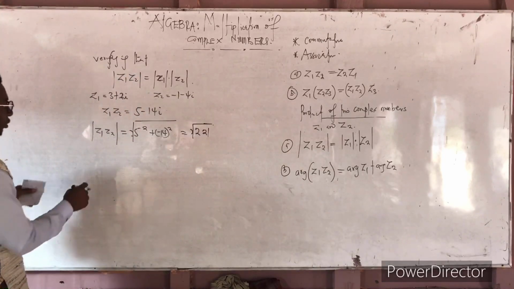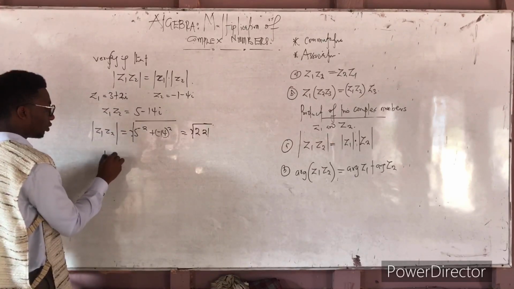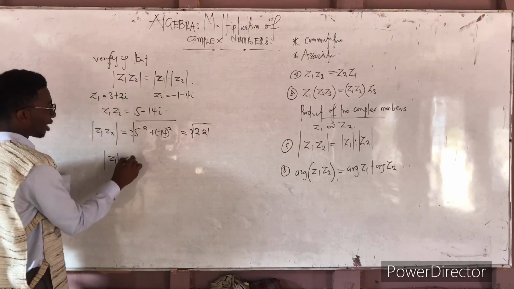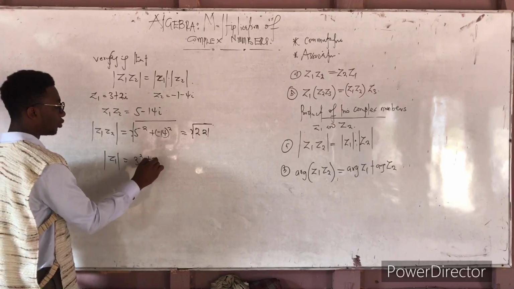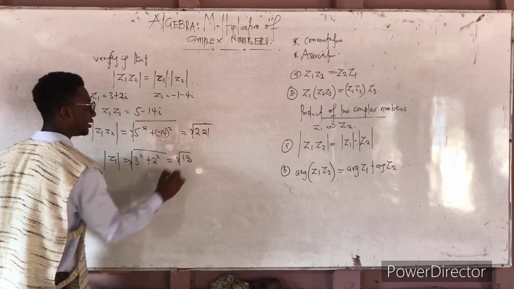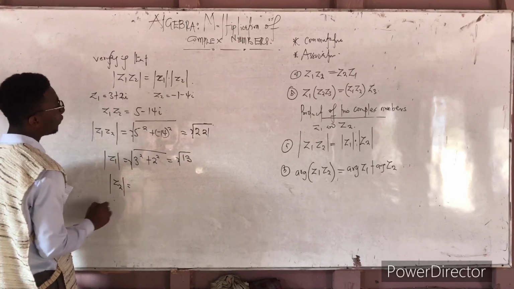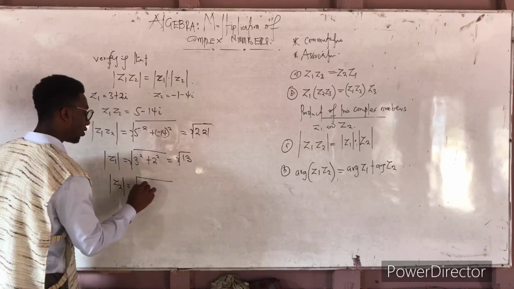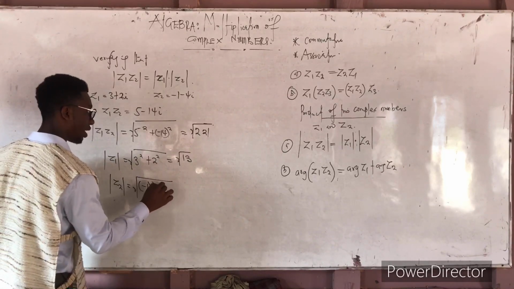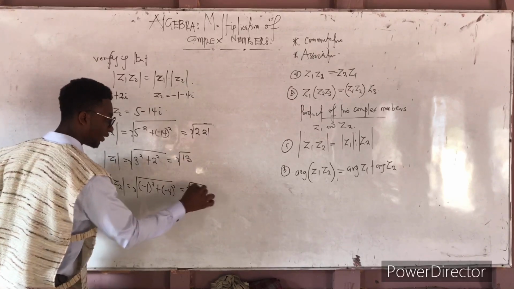Now let's find the individual moduli. The modulus of z1 will give you 3 squared plus 2 squared, and when you do this, you get root of 13. The modulus of z2 will give you minus 1 squared plus minus 4 squared, and you get root of 17.